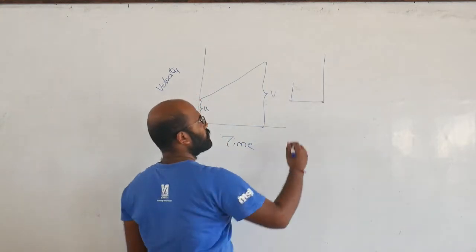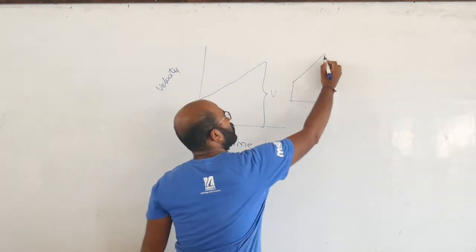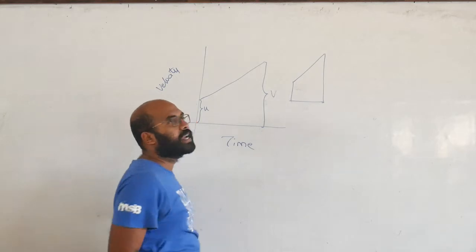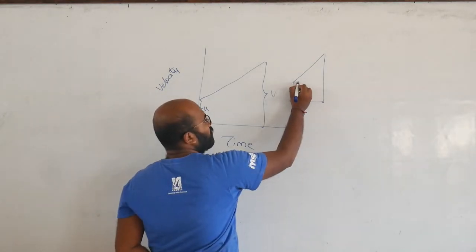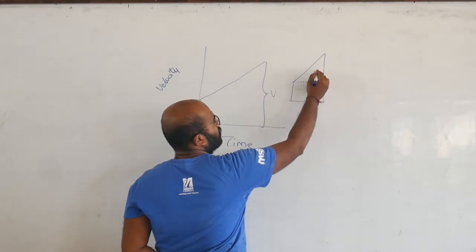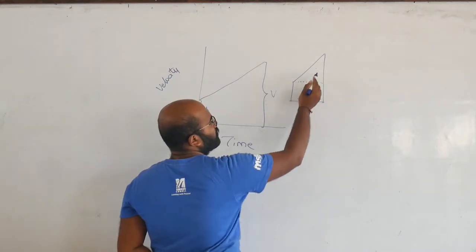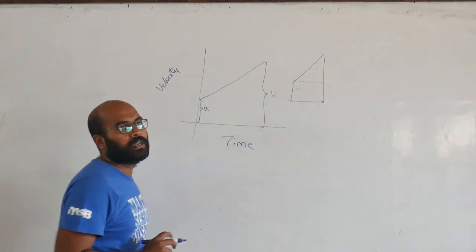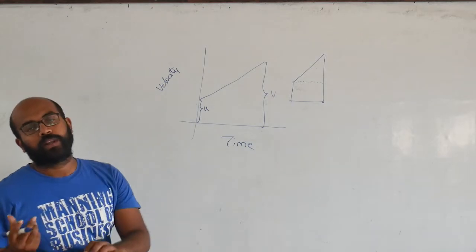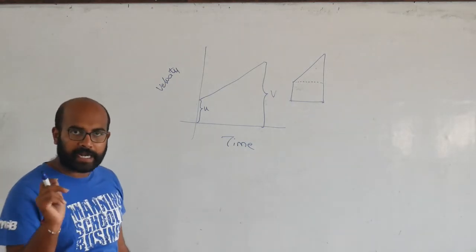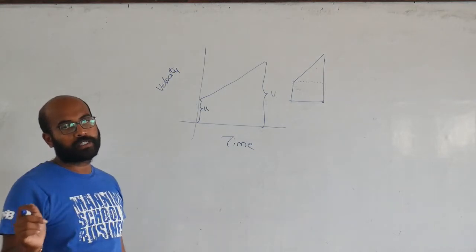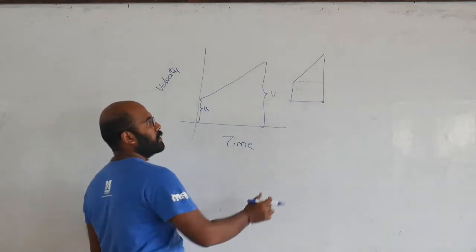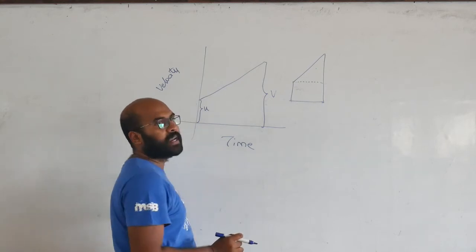So I need to find this area. If I want to find this area, I can divide this so that this is a triangle and this is a rectangle. It can be a square. All squares are rectangles, but not all rectangles are squares. So let me take this to be a rectangle.